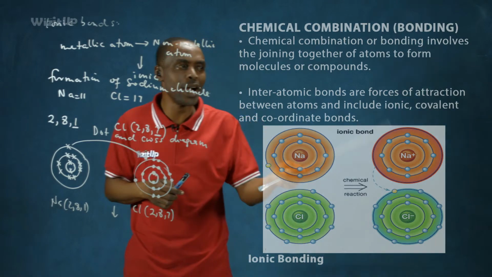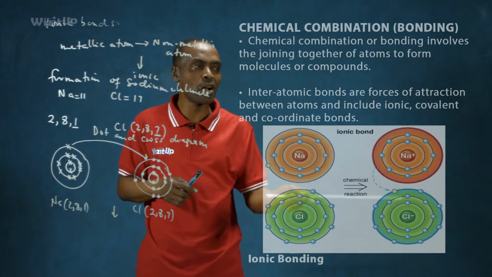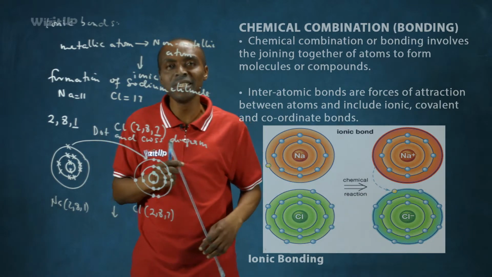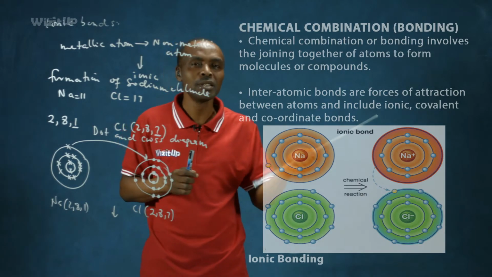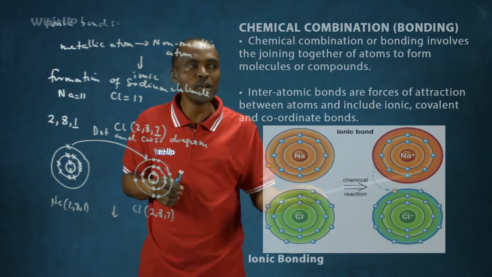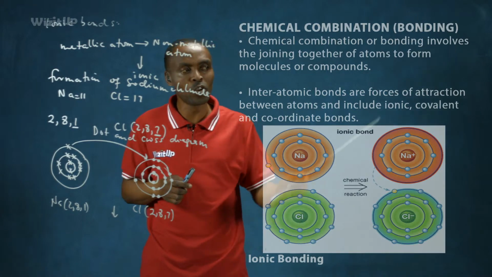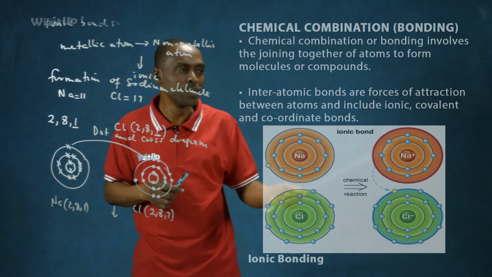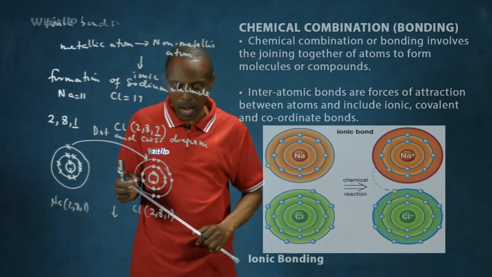In other words, both the sodium ion and the chloride ion that are formed attain the octet electronic structure of the noble gases. So they are more stabilized. They now have a completely filled outer electron shell. That is an example of ionic bonding.